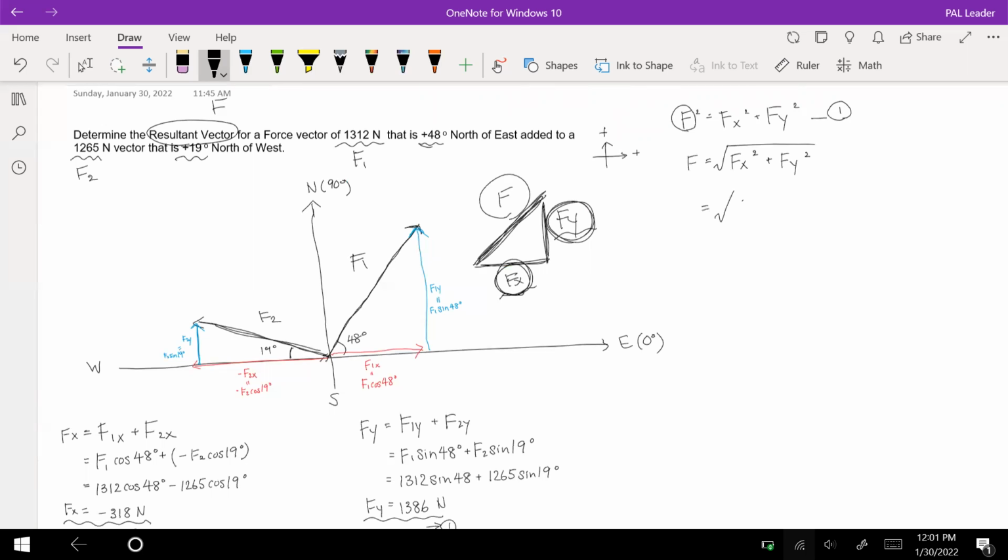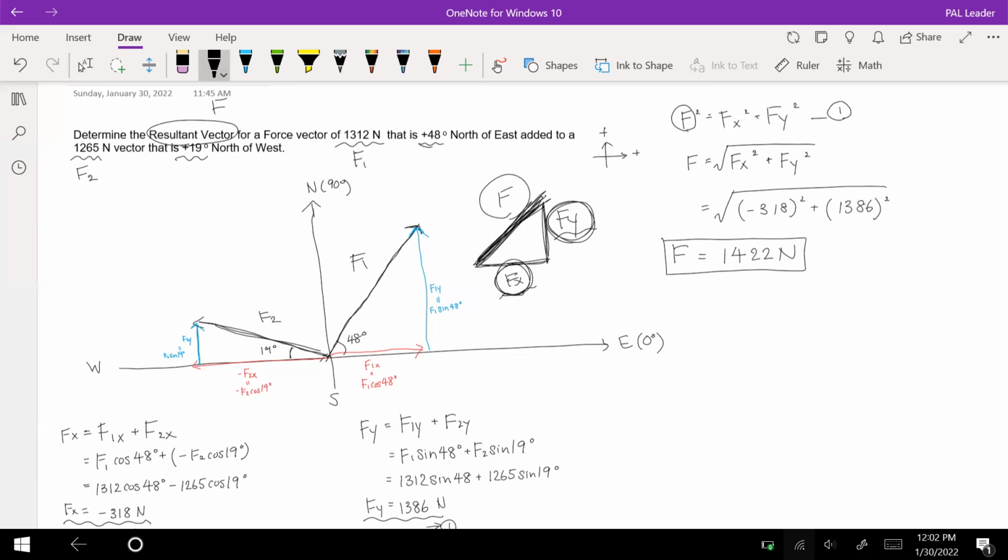Fx was negative 318 squared plus Fy was 1386 squared. Put that in your calculator and it should be 1422. So that is our final resultant vector.